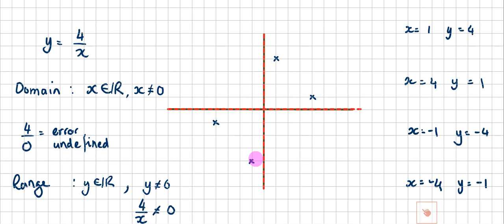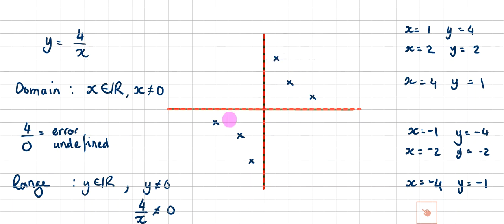So there are some obvious ones at the moment, but what is happening? We need a bit more. What would be another point to check? I've left some gaps. So should we do x equals 2 and x equals -2? What do you get? 2 and -2. So 2 and -2 would be there. We know that if I put x is 0, I can't do it.